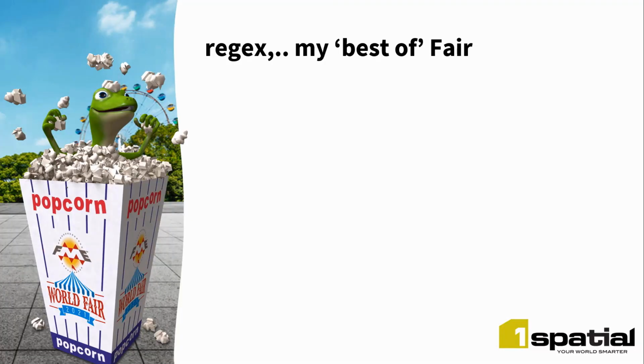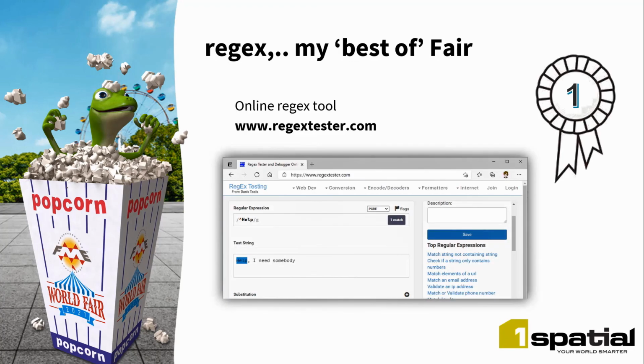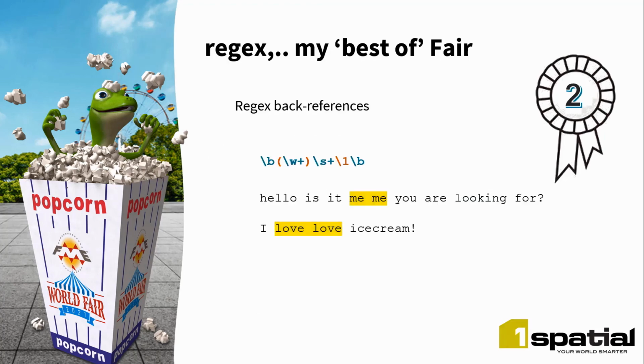Okay, so I'm just going to finish with my top 3 regex examples, best of fare if you like. First up, it's my favourite regex tool, the Regextester that we've just had a look at. At number 2, it's back references, and these are a clever way to reuse capture groups.